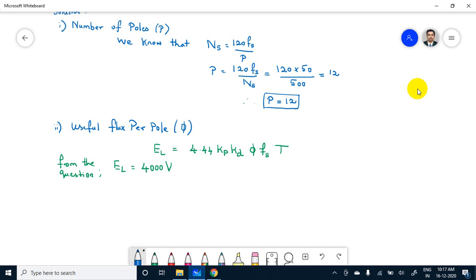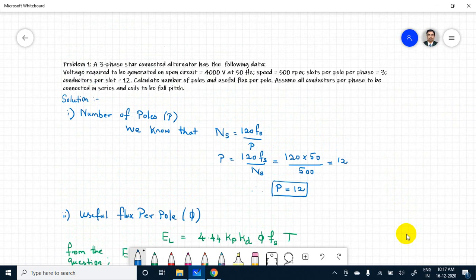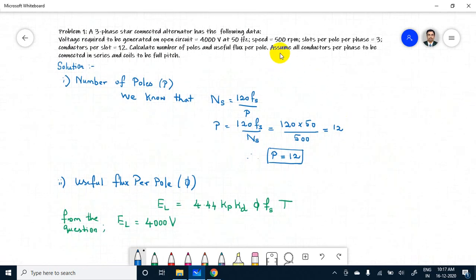First one, Kp. You see the assumption. Here, assume all conductors per phase to be connected in series. The coils should be full pitch.